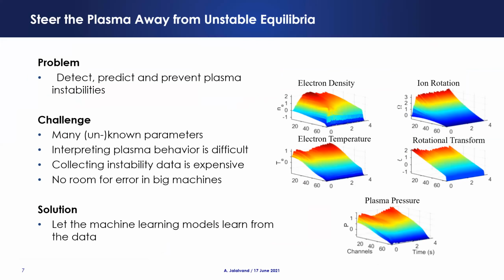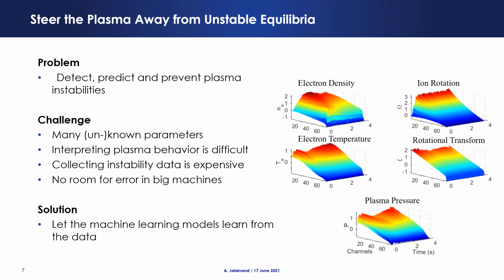So again, just to formulate the problem, we want to detect, predict, and prevent plasma instabilities. There are challenges, many known and unknown parameters. Even interpreting plasma behavior, sometimes it's difficult for physicists to do that. And well, we want to have a lot of data about instabilities, but all these instabilities make damage to the device.